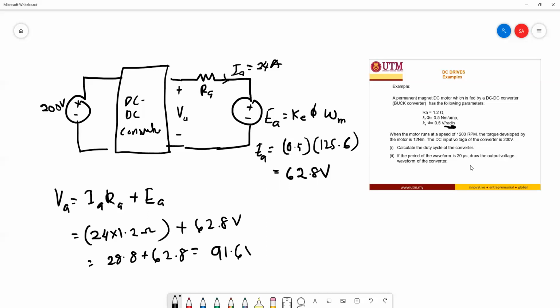So 91.6 volts. And this is VA, and then this is your VDC.